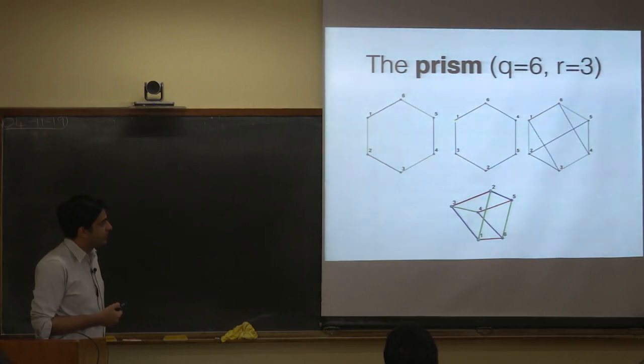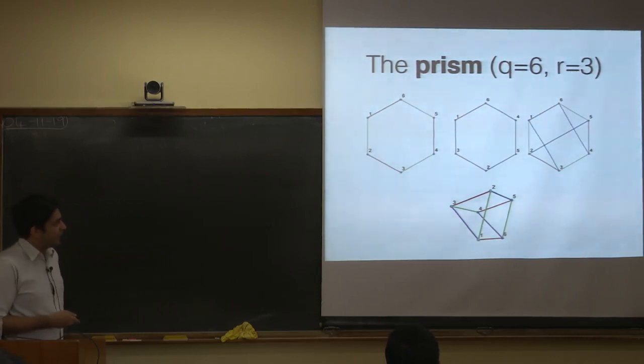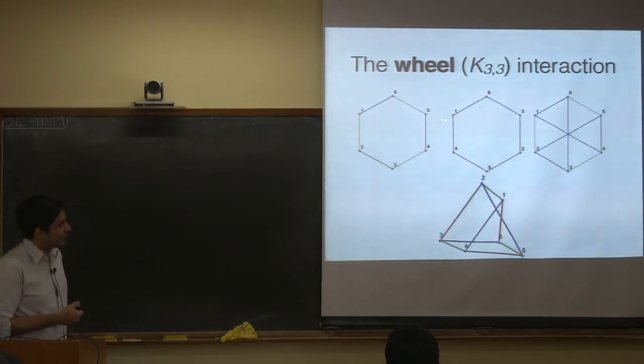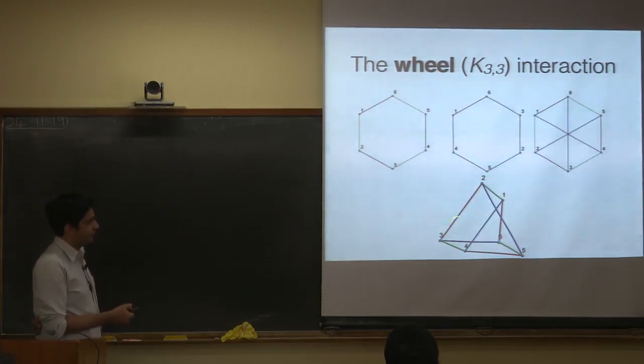If you add this blue-red cycle to this green-red cycle, it gives you this graph, and that's the prism interaction. The only other way is to add this cycle to this cycle, and that gives you a wheel interaction, which you can also think of as a Mobius ladder. That's a non-planar graph.